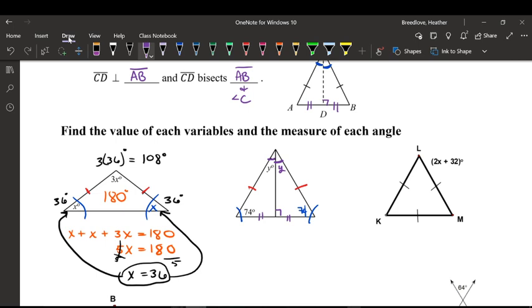And what am I trying to find? It says find the value of each variable and the measure of each angle. Okay, so I could do this more than one way. Let's just say, I know all triangles are 180 degrees, right?